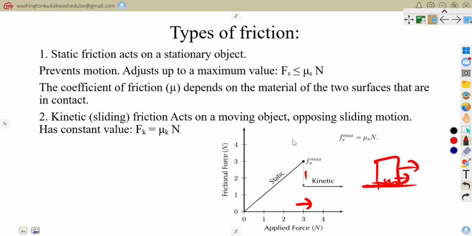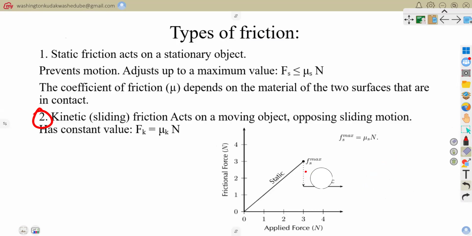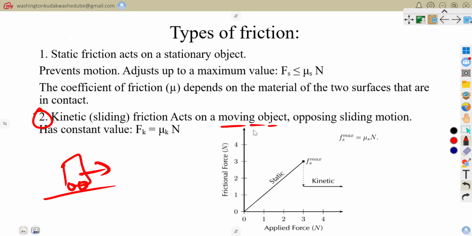So the second type of frictional force is what we term kinetic frictional force. This comes into play wherever we have moving objects. Wherever you have a moving object, you are always going to have what we refer to as kinetic sliding frictional force. That comes into play wherever an object is in motion.